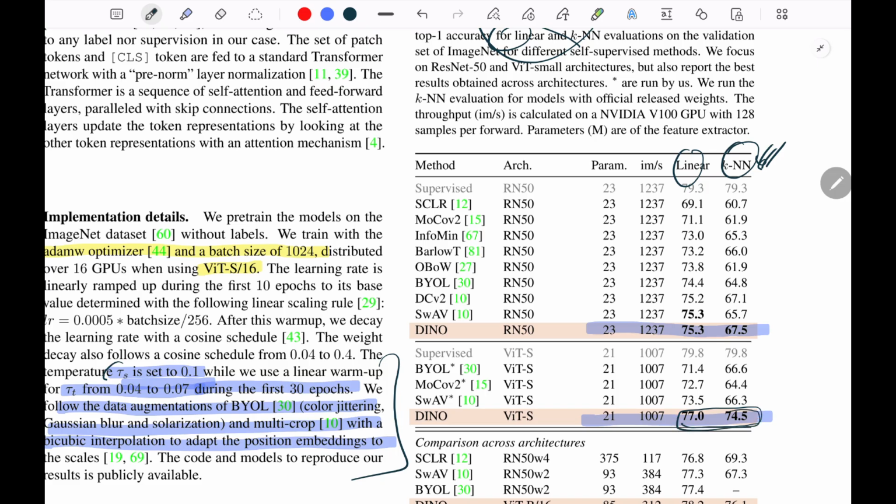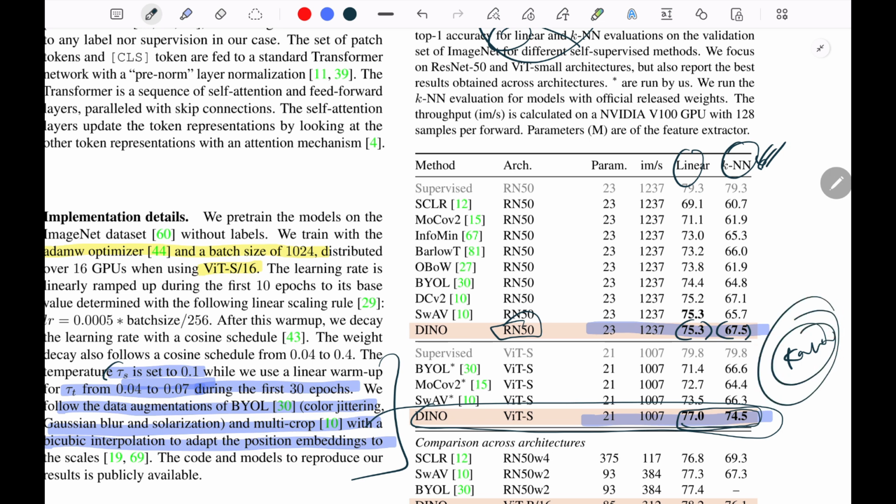But if you look at using a ResNet backbone, it's actually a huge difference. So that in a way suggests that this is actually learning meaningful representation in the representation space itself, and a simple KNN is enough to differentiate between the outputs.